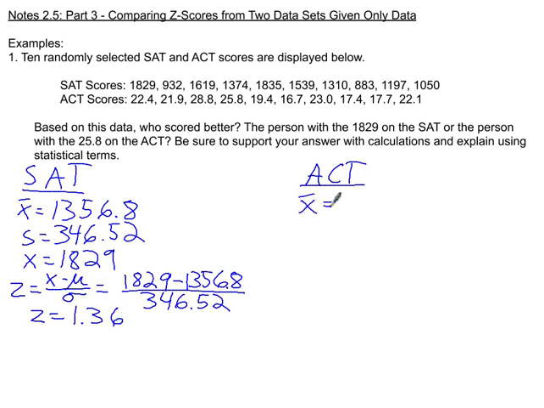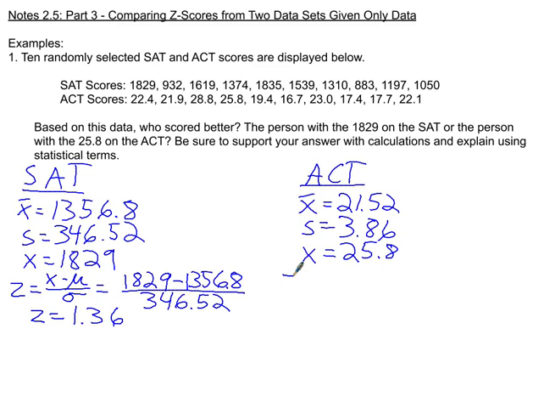On the ACT, using the calculator to find the mean and the standard deviation, we have a mean of 21.52, a standard deviation of 3.86, and the data value that we are looking at is 25.8.